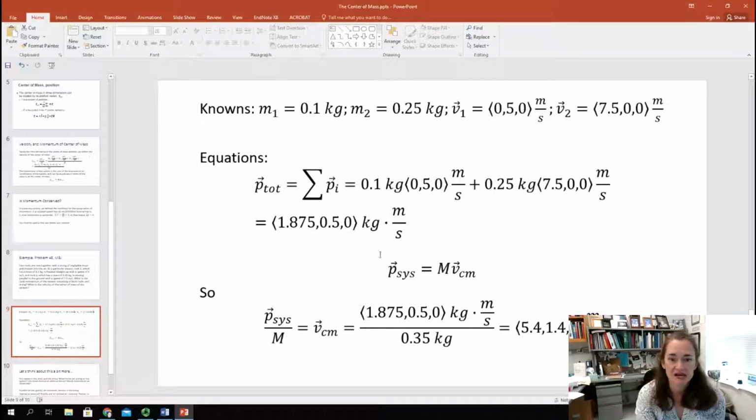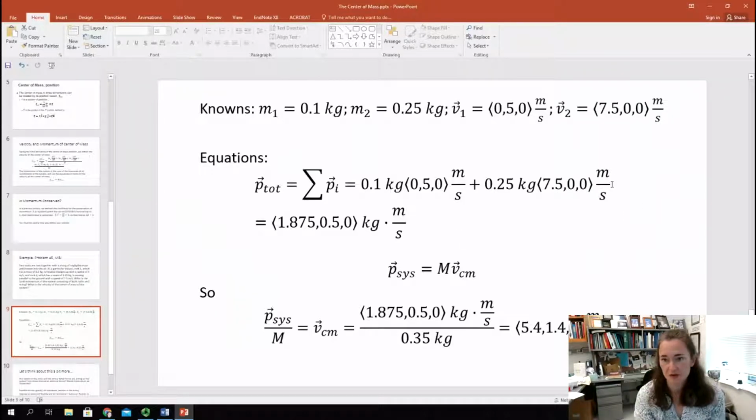Now, the first thing it asks is, what's the total momentum of the system? The total momentum of the system would be the sum of the momenta of the constituents. Since momentum is mass times velocity, I would just do m1 times v1 plus m2 times v2. So that's what I'm doing here: 0.1 kilograms times <0, 5, 0> meters per second plus 0.25 kilograms times <7.5, 0, 0> meters per second.